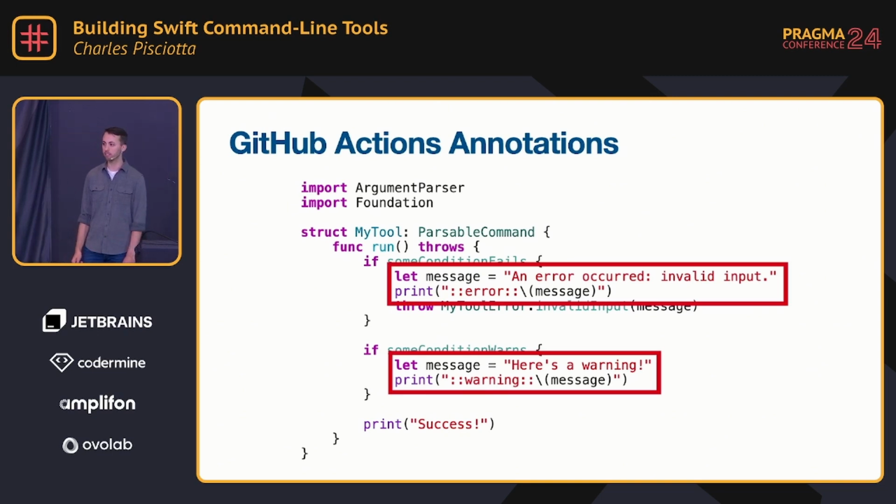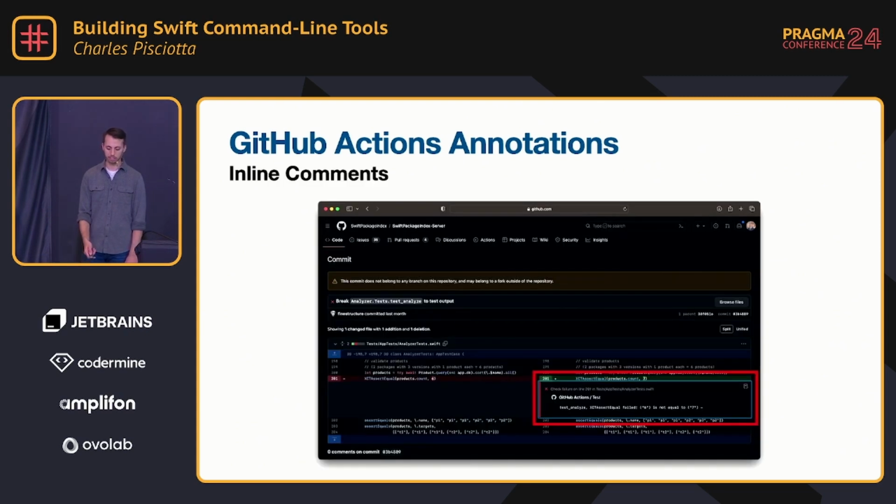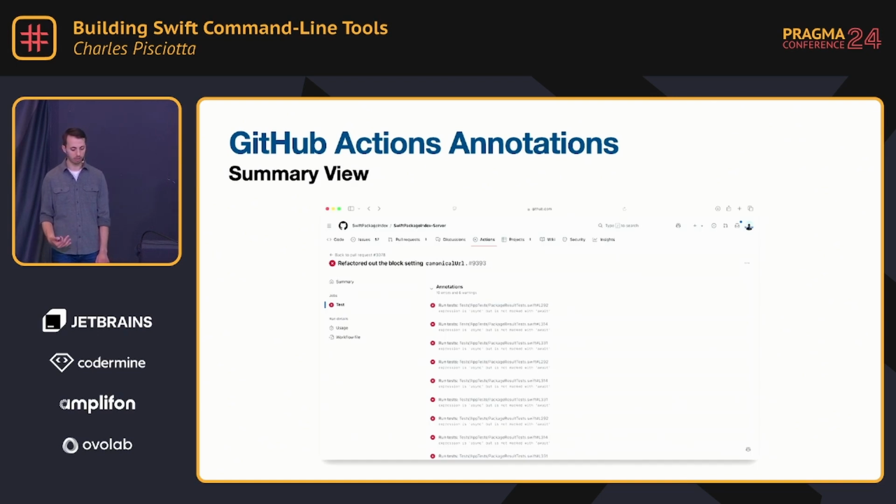And what's nice is if we run this tool, for example, in GitHub, we can now see that our output is actually inline. In this case, this is XCBeautify defining a failed test. Similarly, in GitHub, you can see how this will actually show up in the summary view now, allowing our users to see it in a different context that's more helpful.